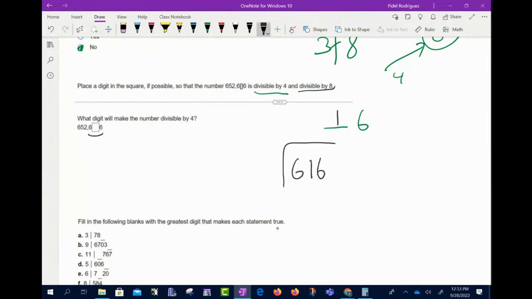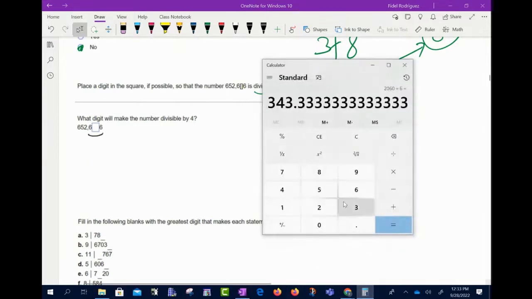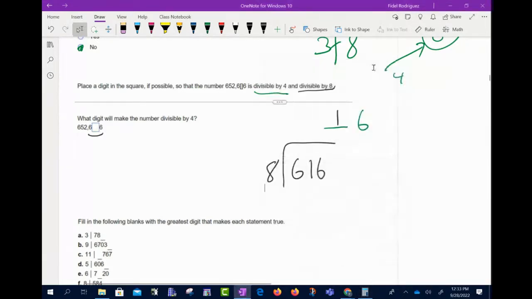So 616, and I want to know, does 8 go nice and pretty into there? So y'all, what I would do is I'd take 616. Can I divide that by 8? Yeah, look, it goes in 77 times. So what number am I going to put right here? I'm going to put the number 1. And that's how I would check it.